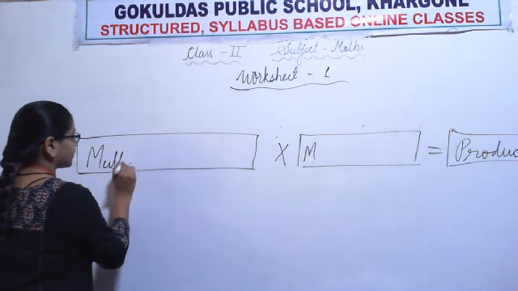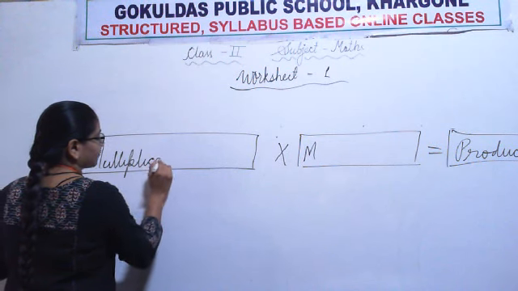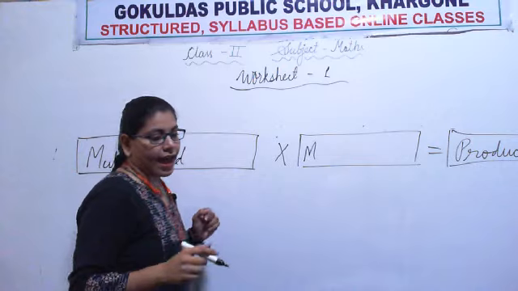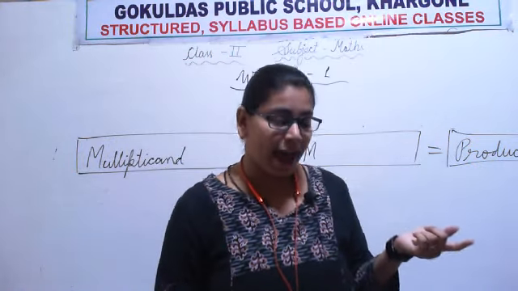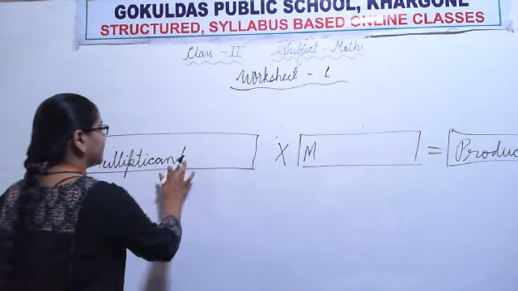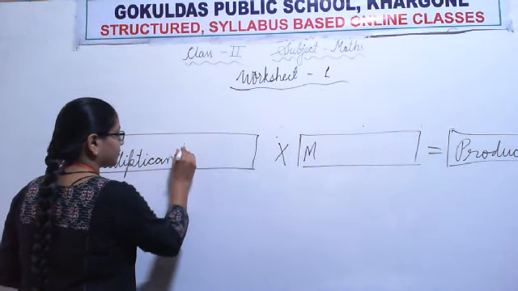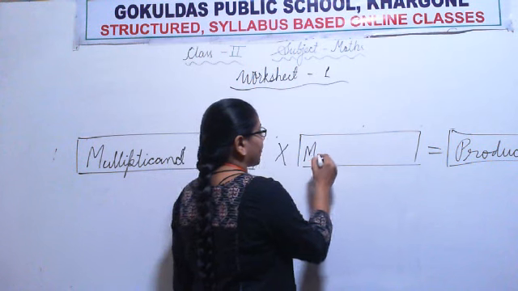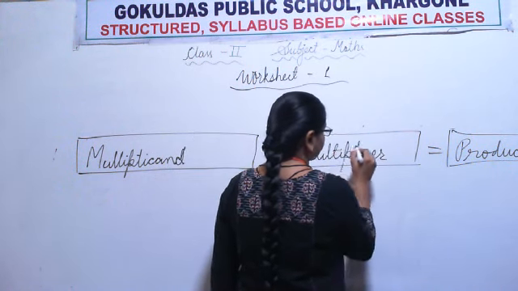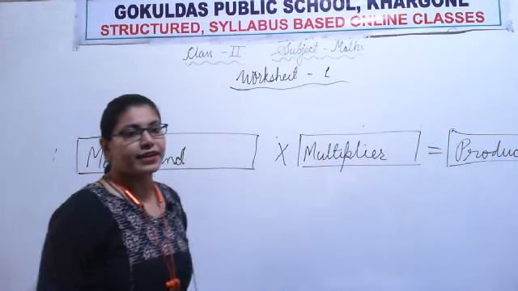So we will write multiplicand into multiplier is equal to product. So multiplicand we had written. Now here we will write multiplier and product is already written there.